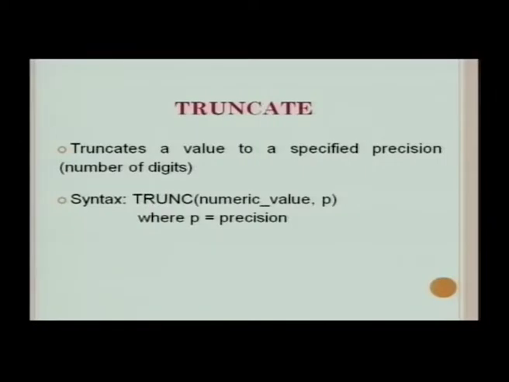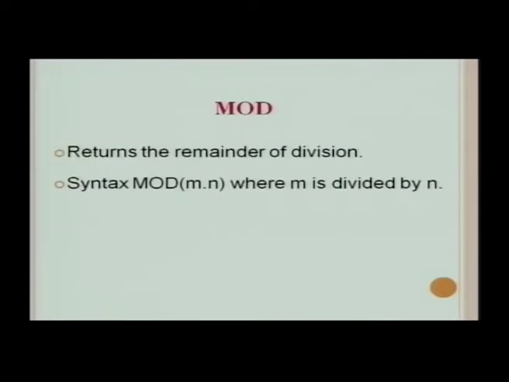Then comes truncate. Truncate works to a specified precision, so it cuts down the portion and presents the value. Then there is another function called mod, which returns the remainder of the division. Whenever we use the division function, it returns the quotient.